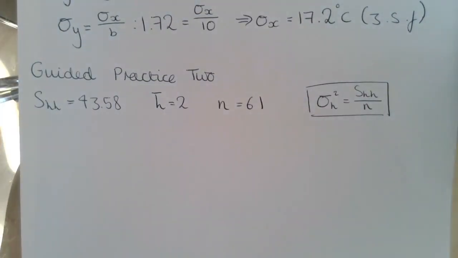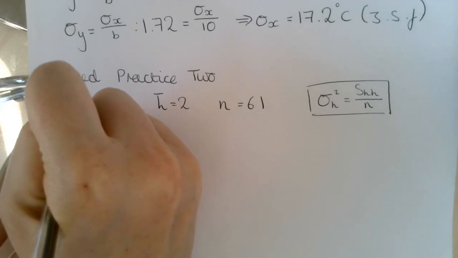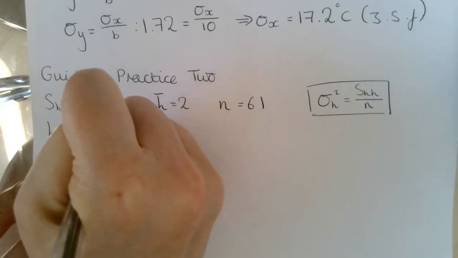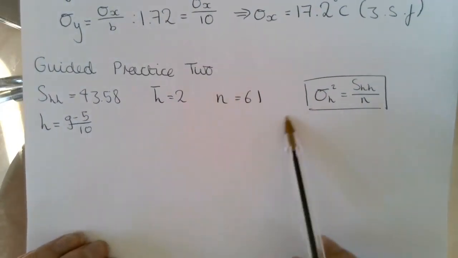For your second guided practice, we're given that from the large data set, the data on the maximum gust, G knots, is recorded during May and June 2015. The data was coded using H is equal to (G minus 5) over 10, and these statistics were found.